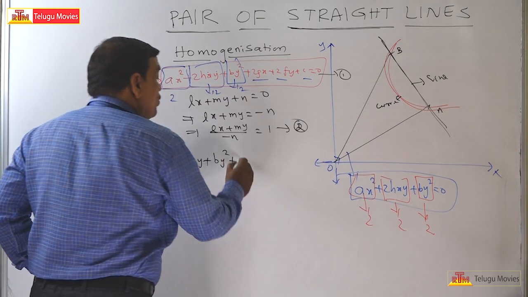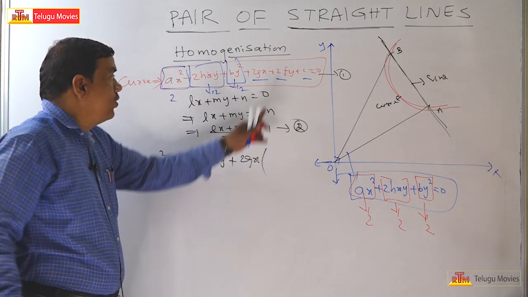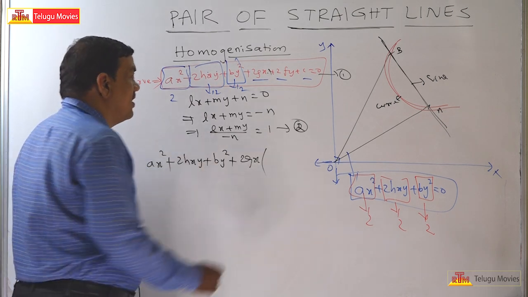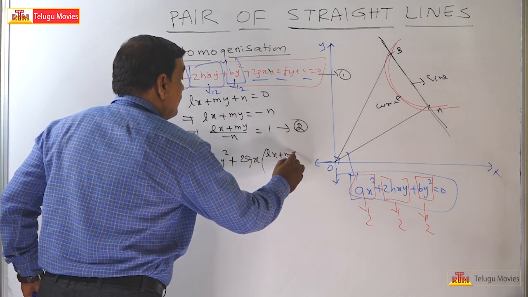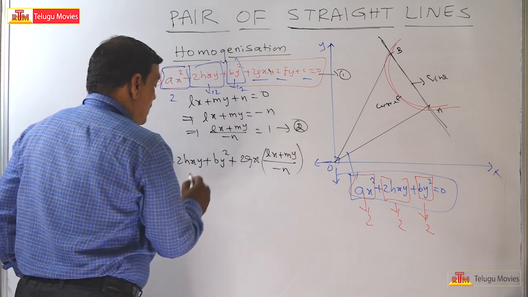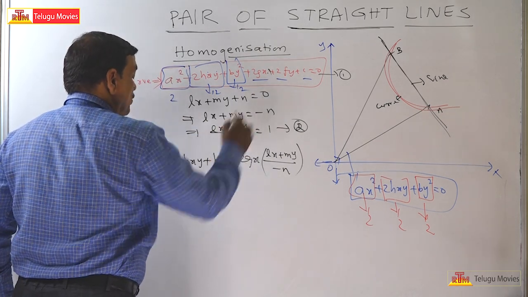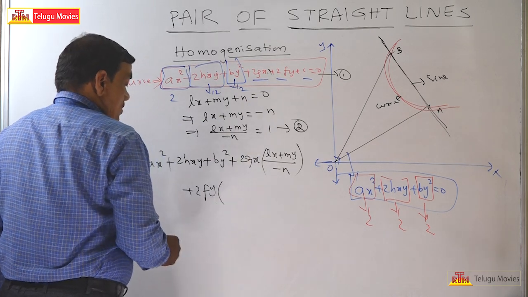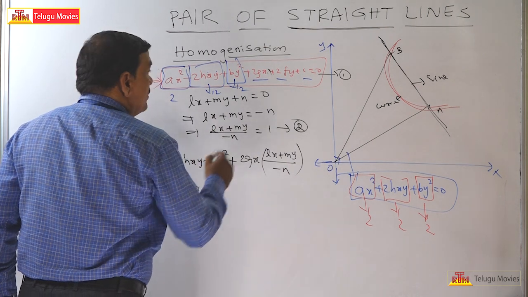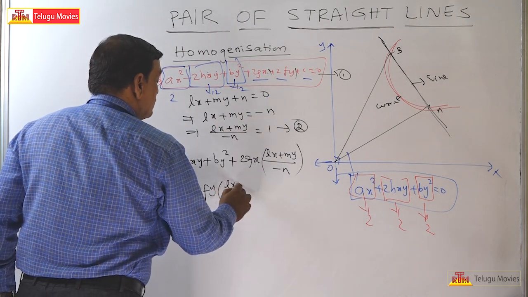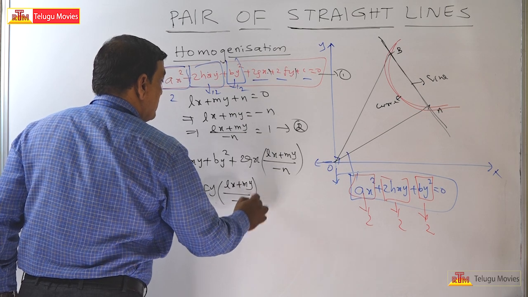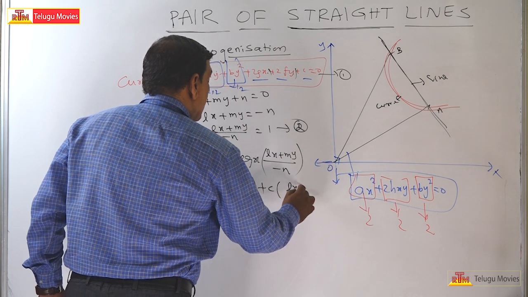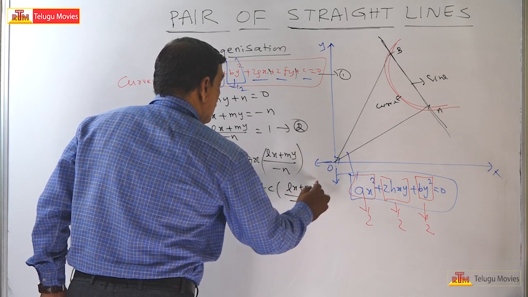Homogenization means 2gx into, in place of 1, I can put Lx plus my upon minus n, no problem. Plus 2fy into, in place of 1, let's substitute Lx plus my by minus n, plus in place of c you multiply Lx plus my upon minus n whole square.